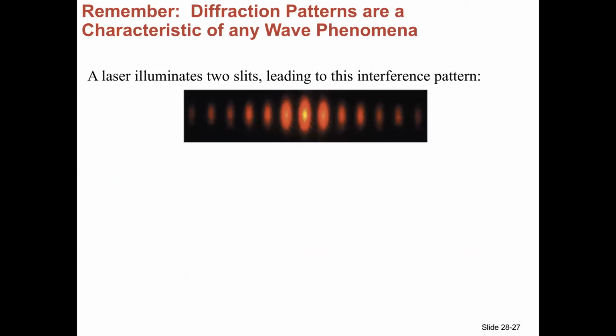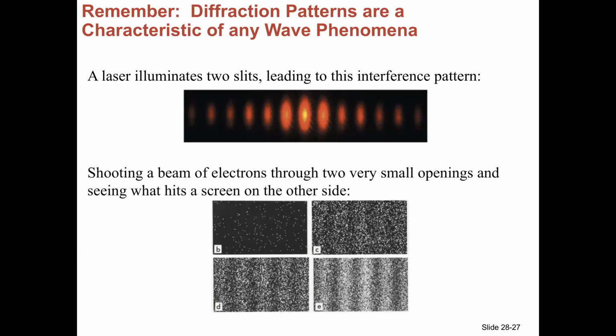Now, the really crazy thing is that, for instance, you can take a beam of electrons. So maybe we have our photoelectric effect source producing all these free electrons, and then we accelerate them through a capacitor and we shoot them at a screen that picks up the electrons.